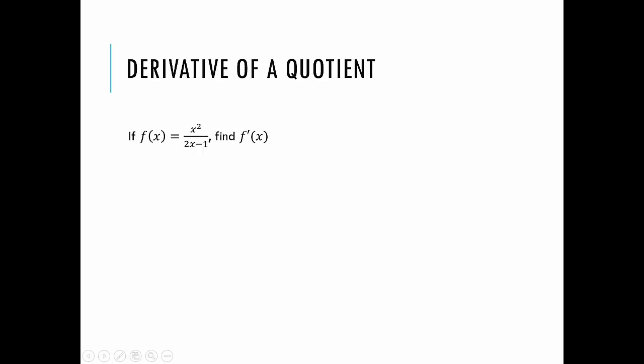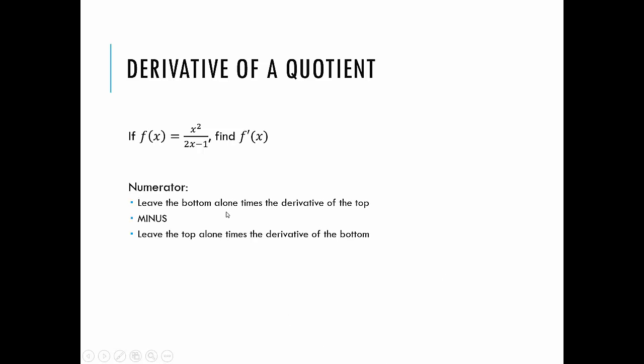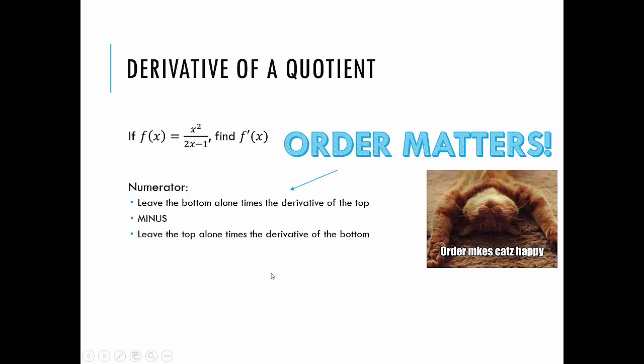So here we have a quotient. Leave the bottom alone times the derivative of the top, minus leave the top alone times the derivative of the bottom. And in this case, the order's going to matter in our numerator because we're subtracting, so you can't flip this order around. And then, of course, I will square the bottom.